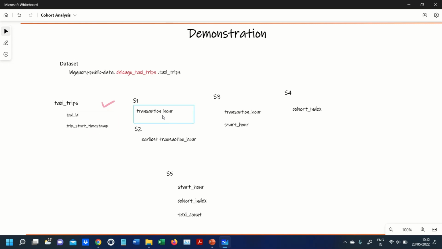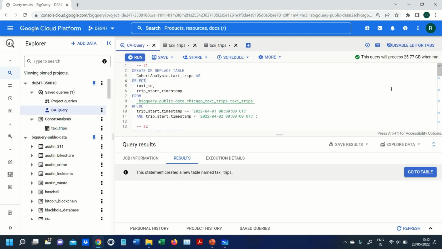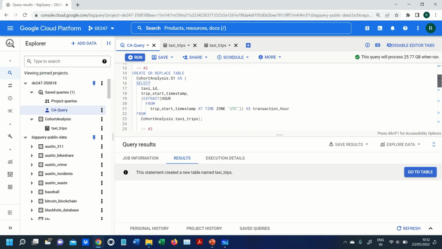So my next query is create or replace table, select, extract the hour from the start timestamp, and call this transaction hour. So extract hour from timestamp, time zone as UTC. UTC is the time zone this dataset comprises.